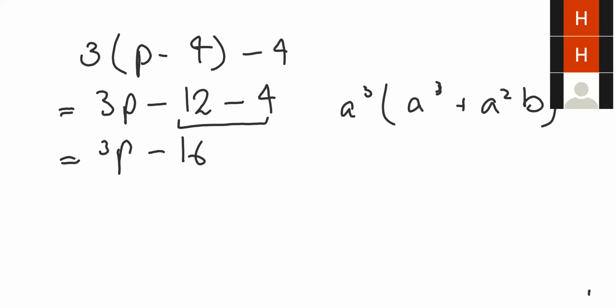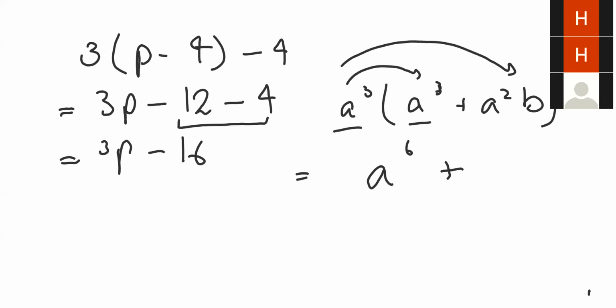We know that since we have the same alphabet or the same base, our powers are going to be added. So it gives us a to the power 6 plus. Now in the next one, when we're multiplying a cube with a square b, a to the power 3 plus 2 would give us a to the power 5, and our b will come down as it is. Do you understand that? Yes. All right.